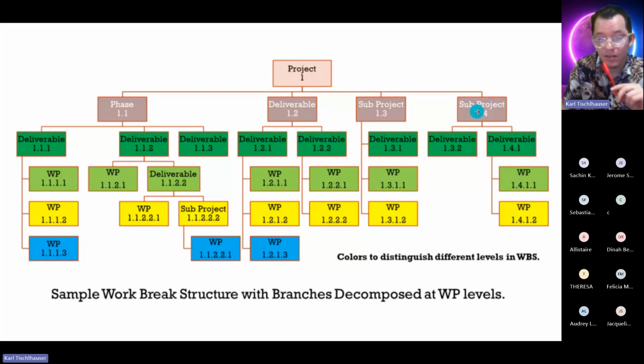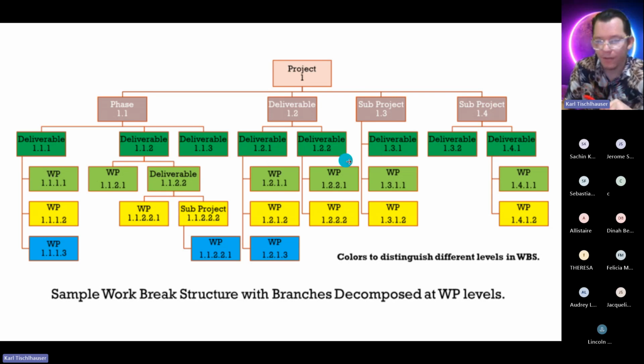This is not complete just yet, because you can't have a project with just one phase. We always need the minimum, which is your initiation, your control, and your closeout. So this is not fully complete, but it is a big project. It's massive. You can see you have a deliverable here, we have a sub project there, and we have two other sub projects here. So it's a very big project. Okay.